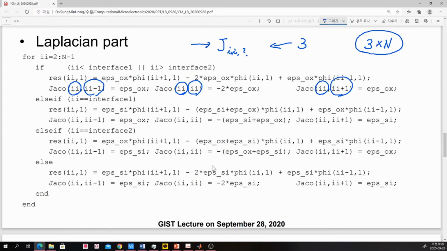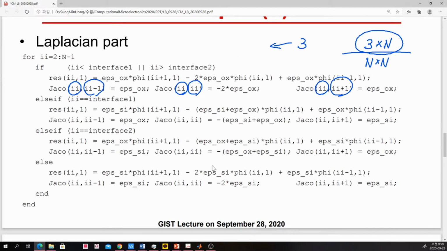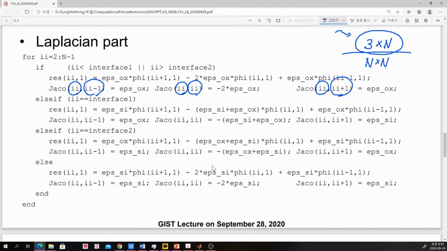And you know the entire number of elements is n by n. So if we calculate the ratio of non-zero elements to the entire elements, you will have a ratio close to 3 over n.